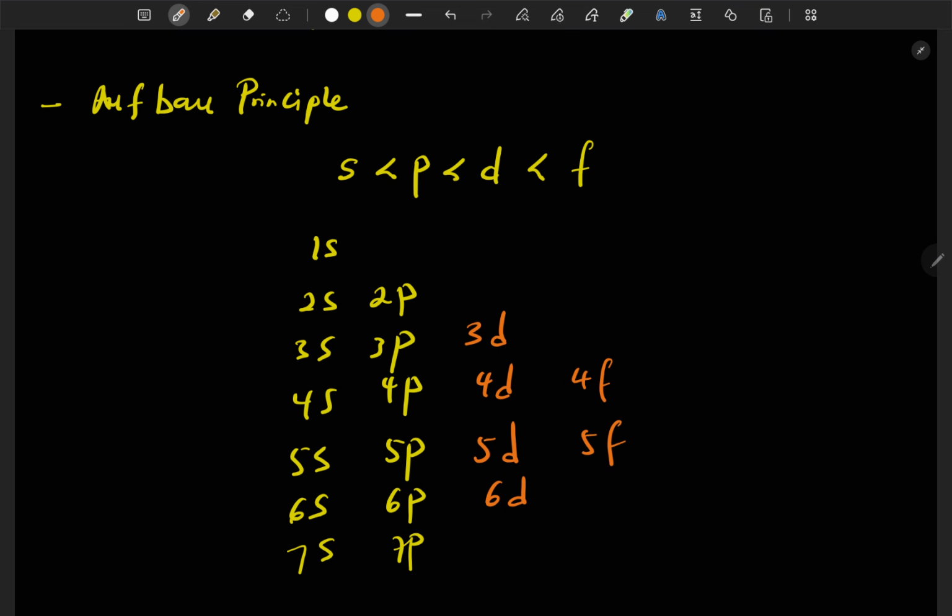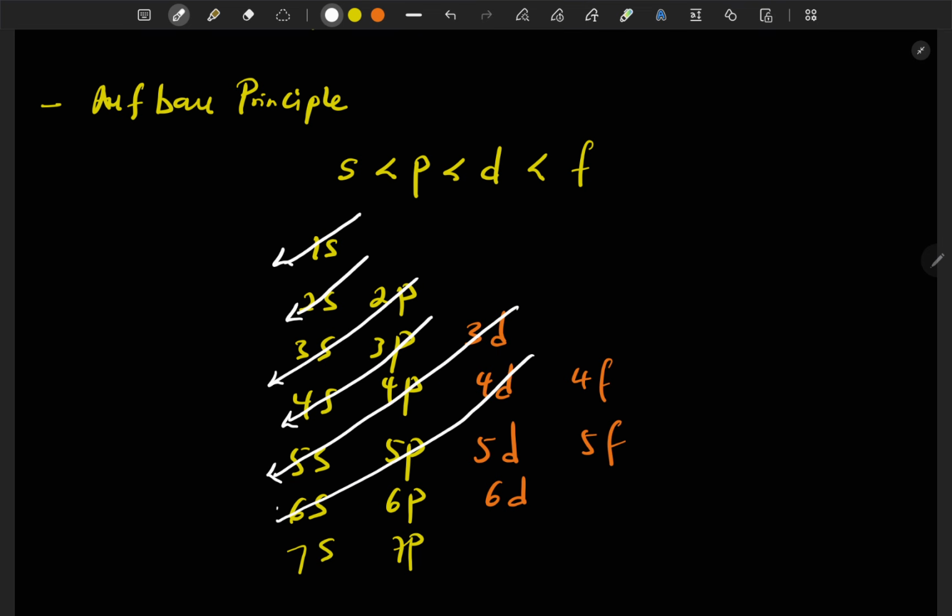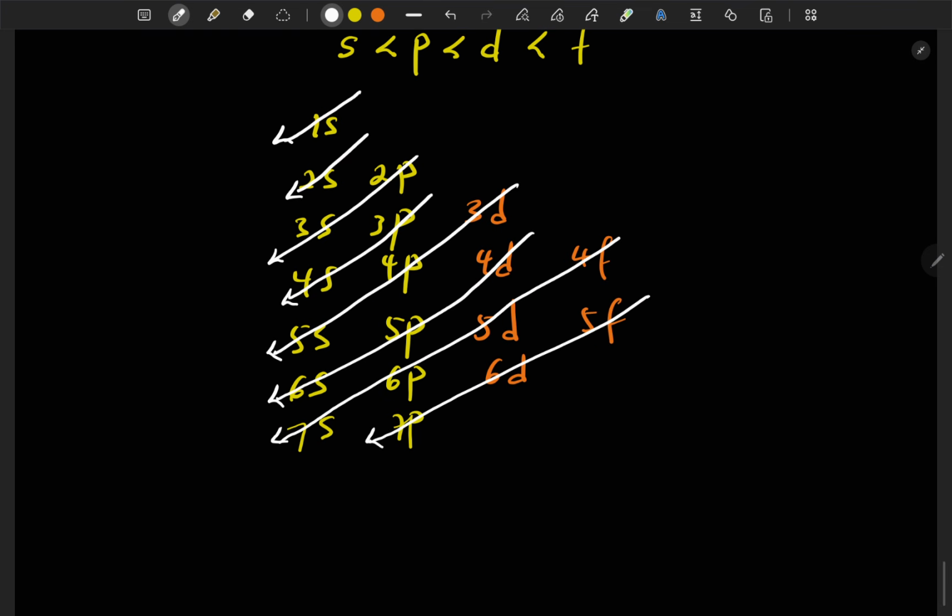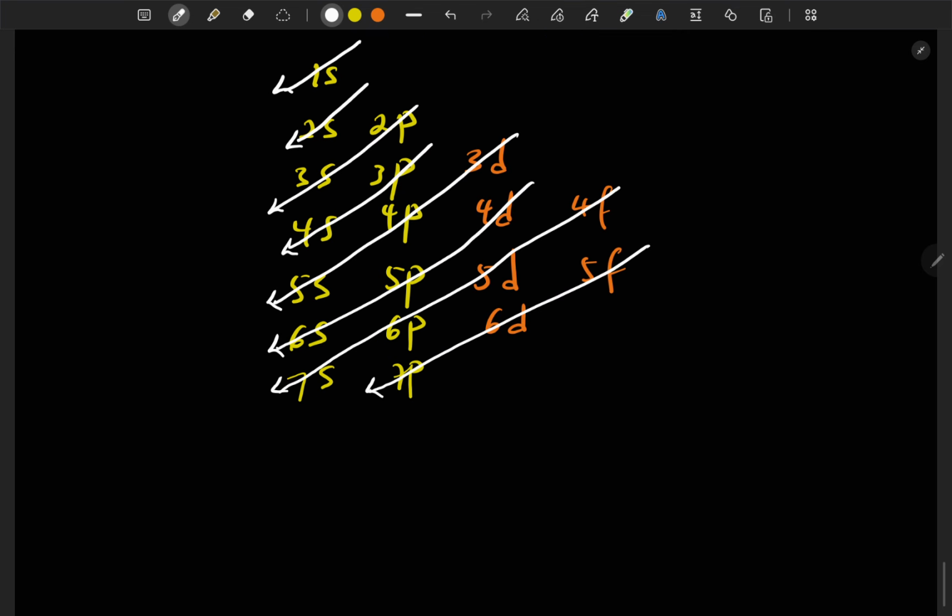Alright, so when we are filling electrons into these orbitals, we are going to go the way the arrow is pointed. That is the order of increasing energy. Now how do we follow this?